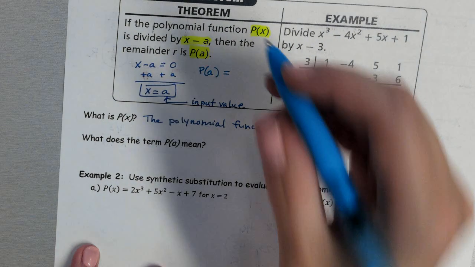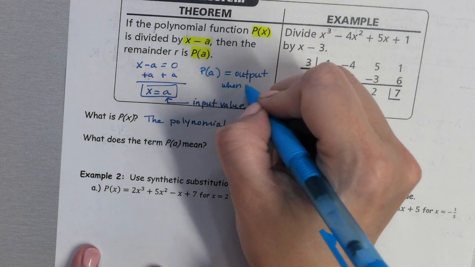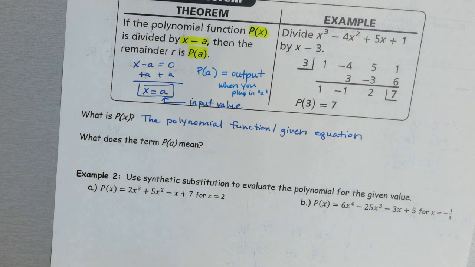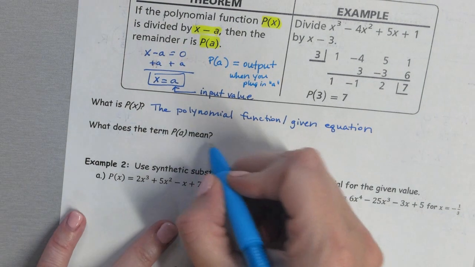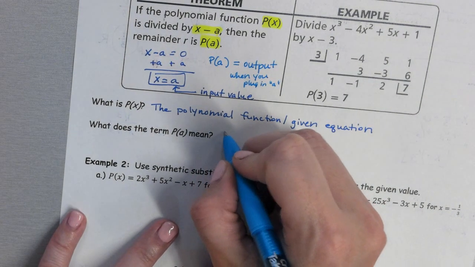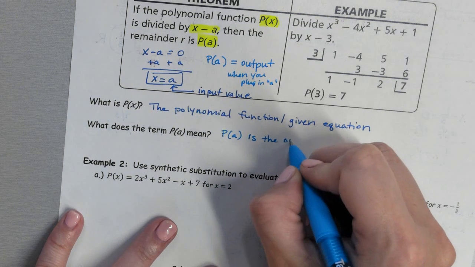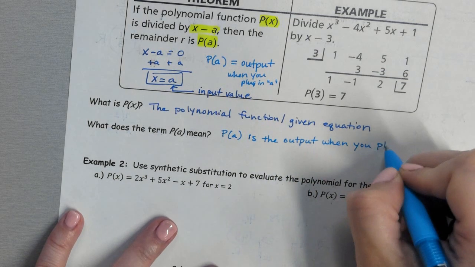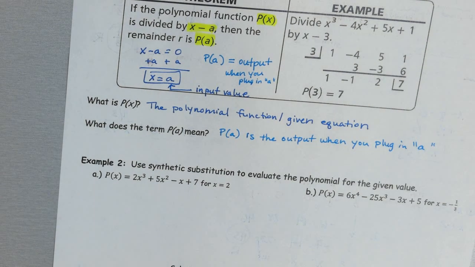It's our output when you plug in a. And that's what we're going to write down there. Okay, so the term p of a, there's actually two different things. So p of a is the output when you plug in your value of a. Okay, and I'm going to give you some examples of that.